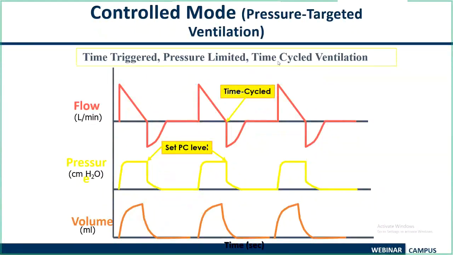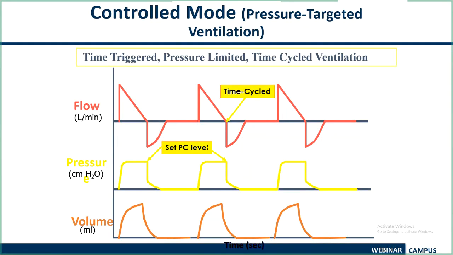Again, this also we are not using, no control modes. But here what is the difference? Here you are setting the pressure control, like a pressure control of 20 centimeters. So the machine will deliver 20 centimeters of pressure, and the tidal volume will vary depending on the patient's compliance. What is the problem if you keep a patient on pressure control mode? Like I have put a pressure control of 20, and in the ICU it was delivering a 400 ml tidal volume. I am very happy.